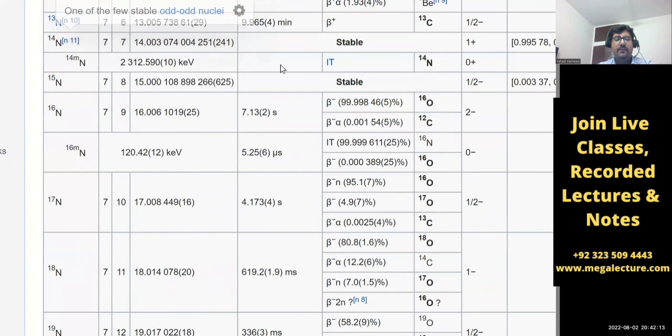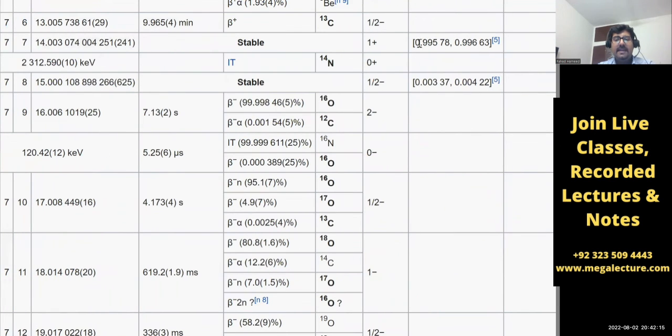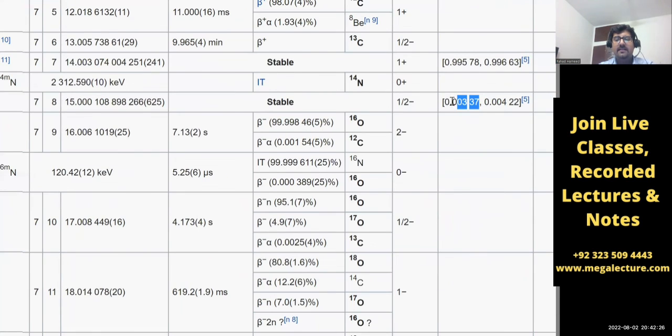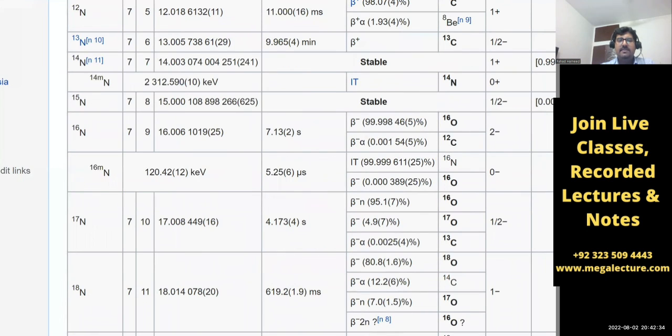The stable one, that's 14. 99.5% of all nitrogen atoms is the stable one. 15 भी थोड़ा बहुत मिलता है, लेकिन 15 की जो percentage है, that's very less, like 0.3%, I think. So 15 थोड़ा कम ही मिलेगा, इतना ज़्यादा नहीं मिलेगा.